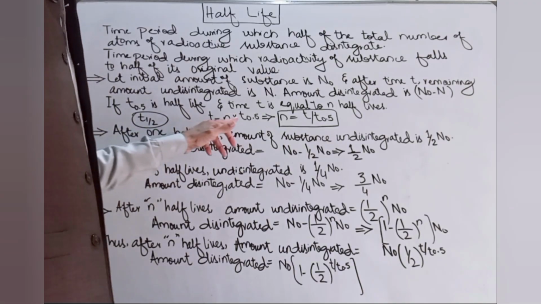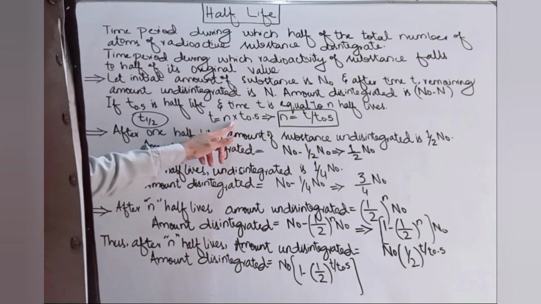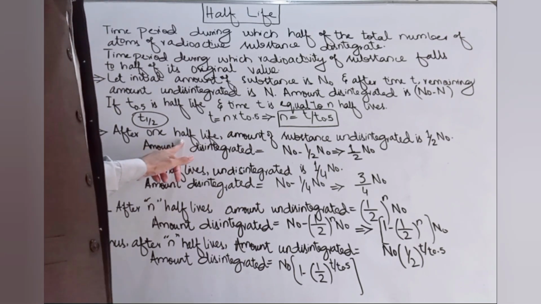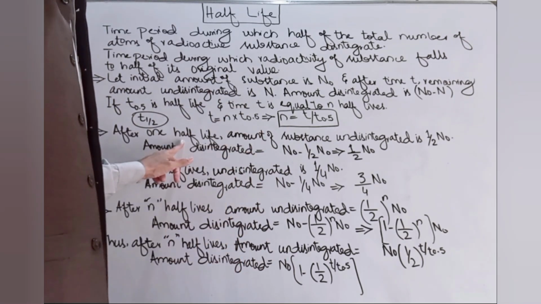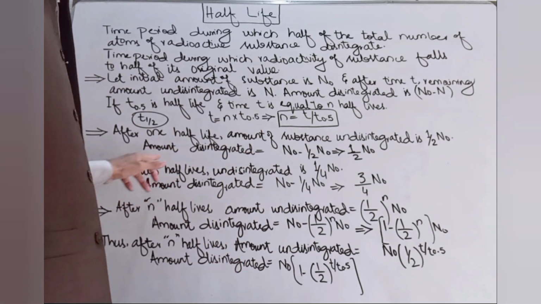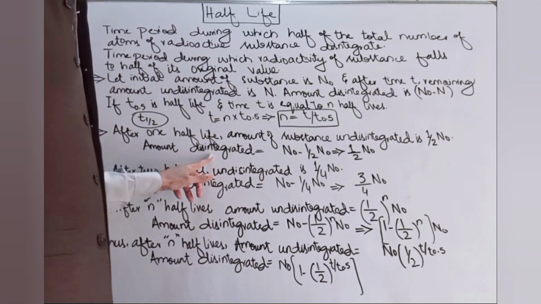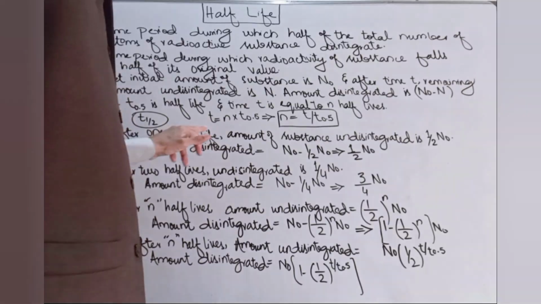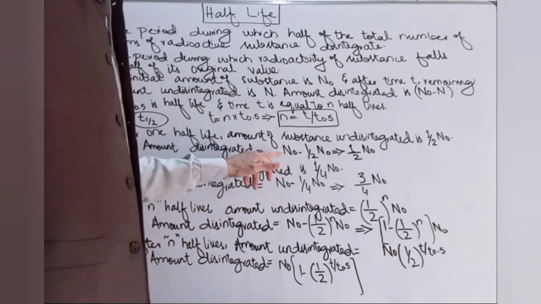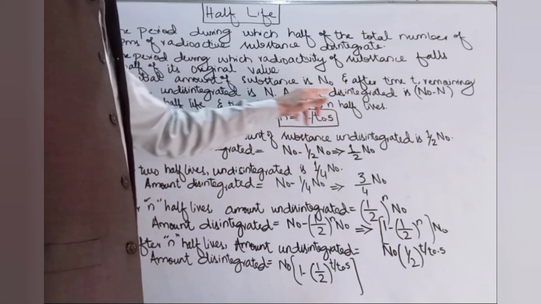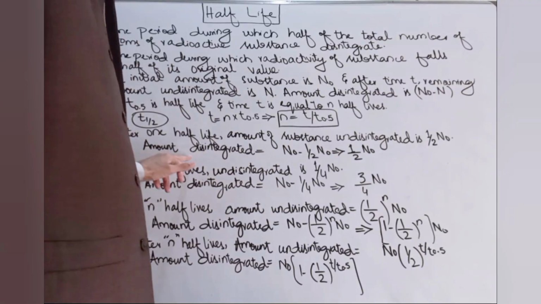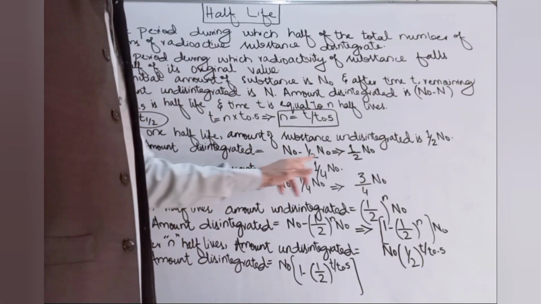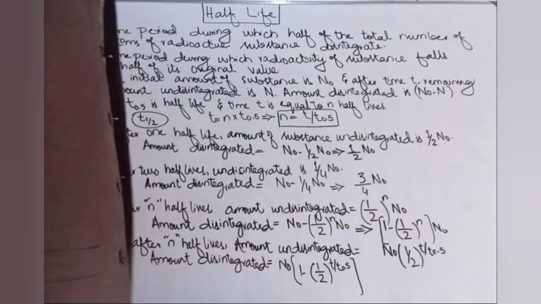So if N0 is the number of atoms at start, after t 0.5 the number of undisintegrated atoms would be 1/2 N0. The number of atoms disintegrated is N0 minus 1/2 N0, which becomes 1/2 N0.